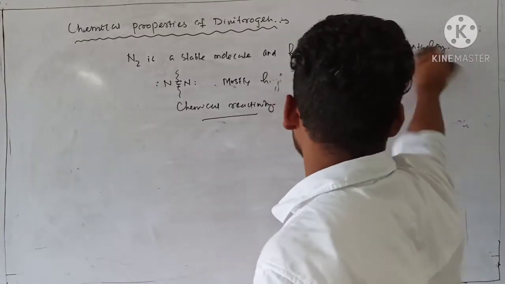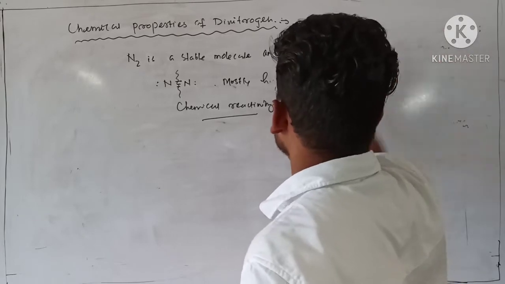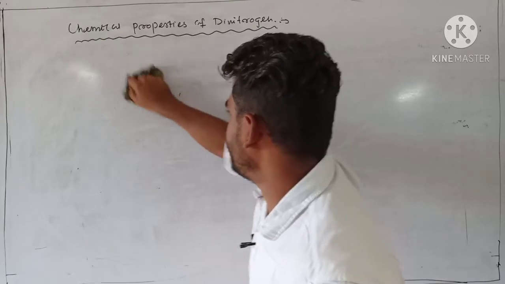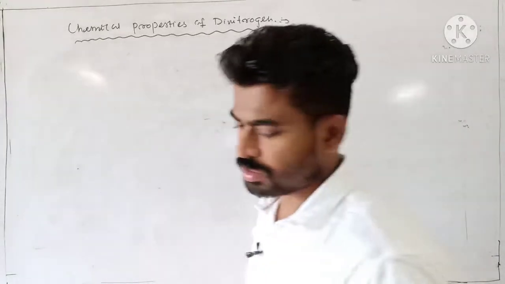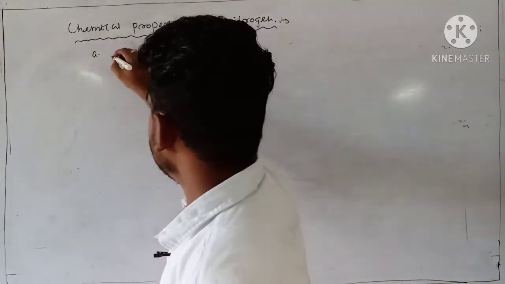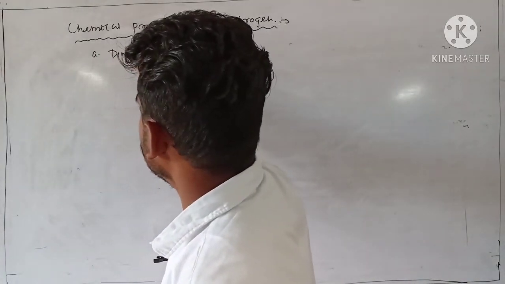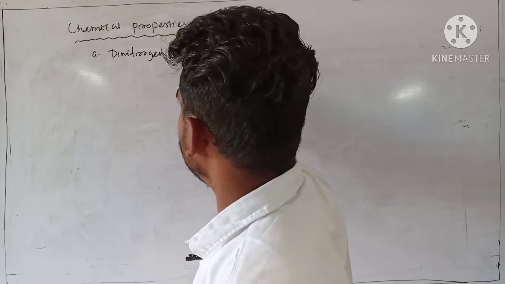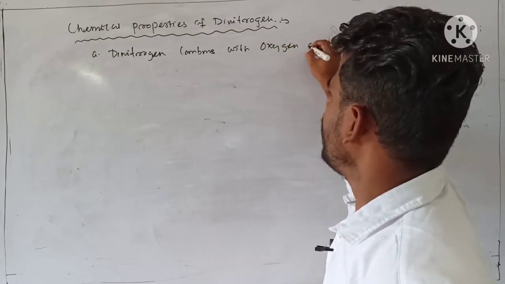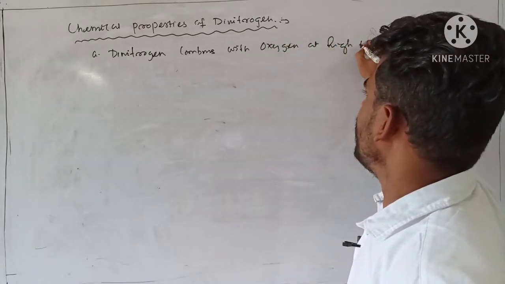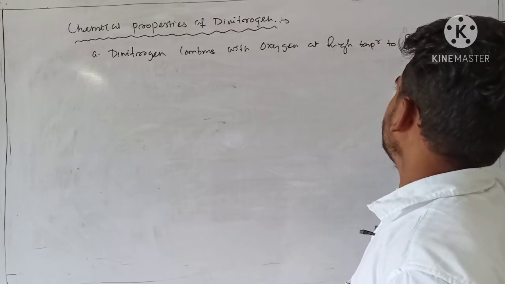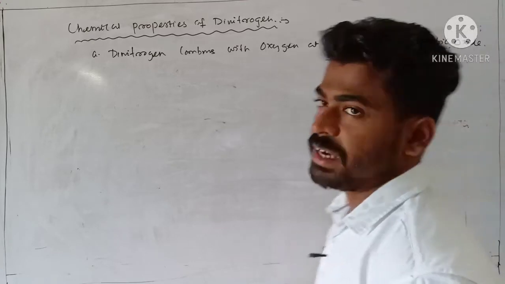Now nitrogen bonds in presence of oxygen at high temperature to form nitric oxide, NO. The reaction can be written as dinitrogen combines with oxygen at high temperature to form nitric oxide.